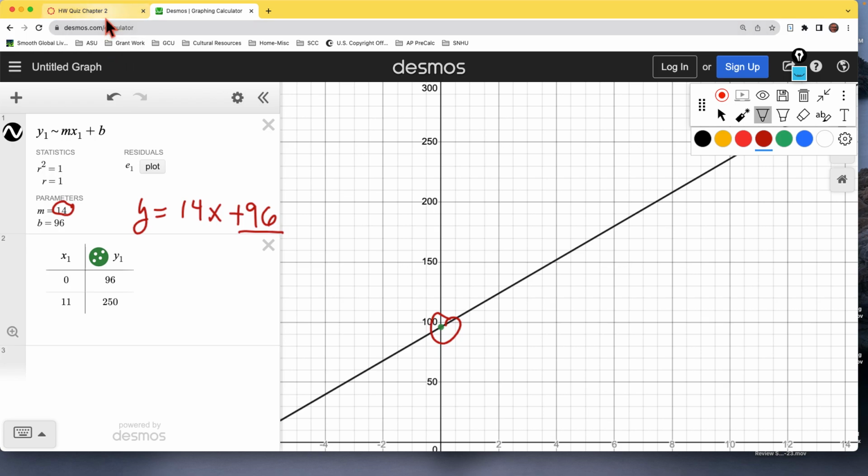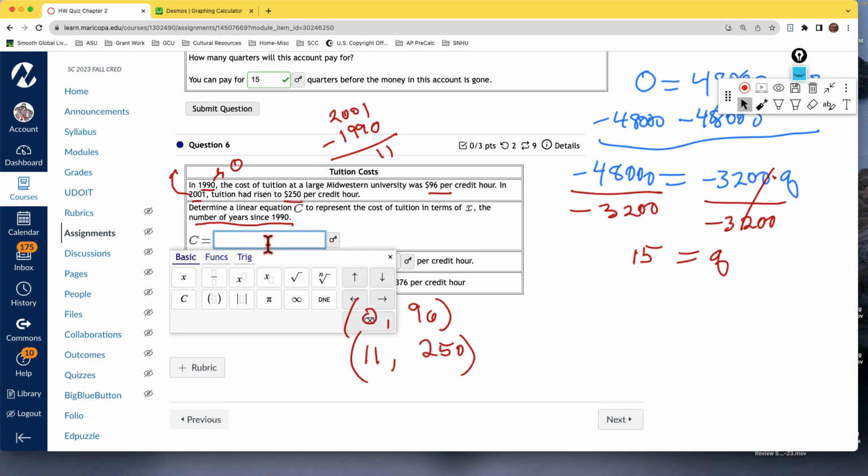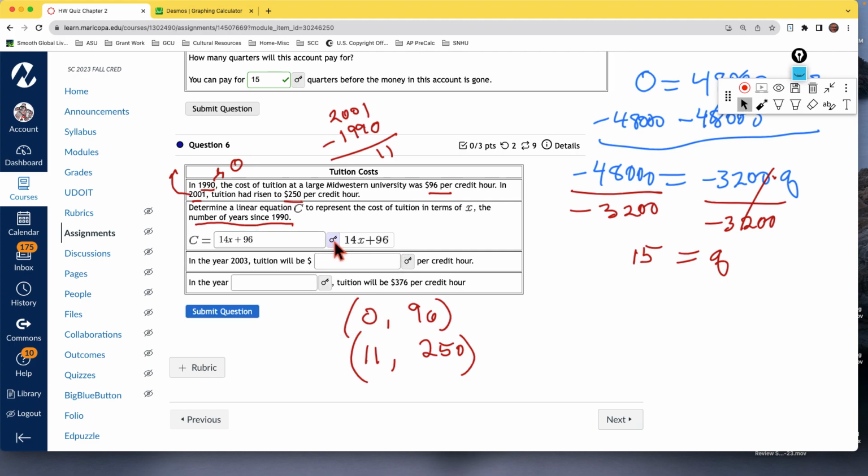So we're not quite done yet. That was just part of the answer. So we put that in here. Now we have to be careful, they're using x and c. So 14x plus 96. Put that one in there. And again, as we go, that's what they wanted. In the year 2003, tuition will be what?